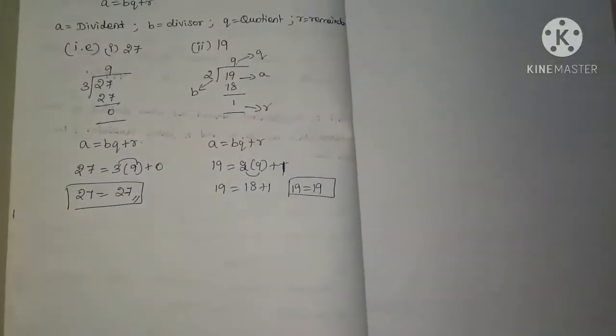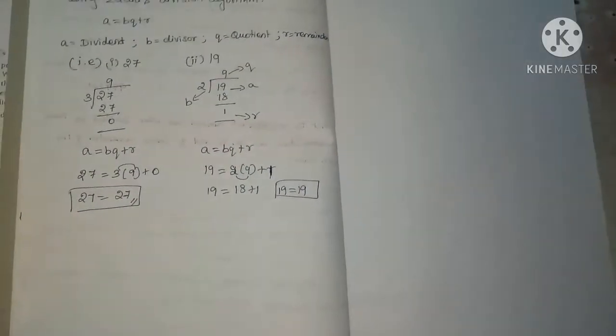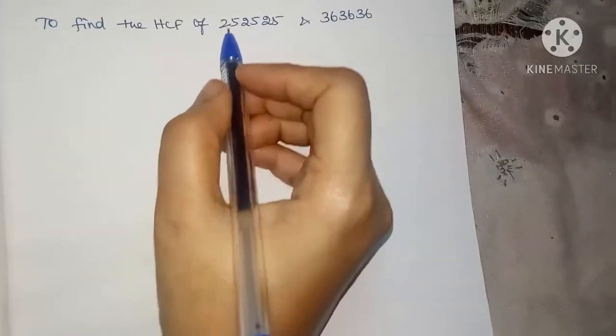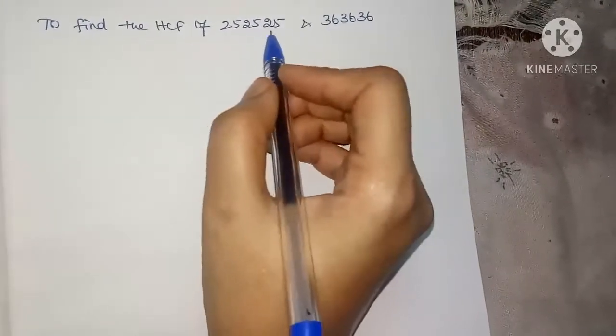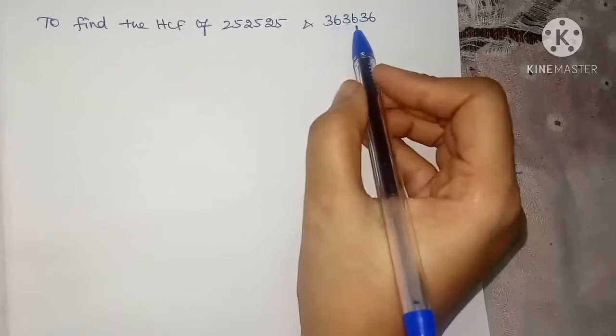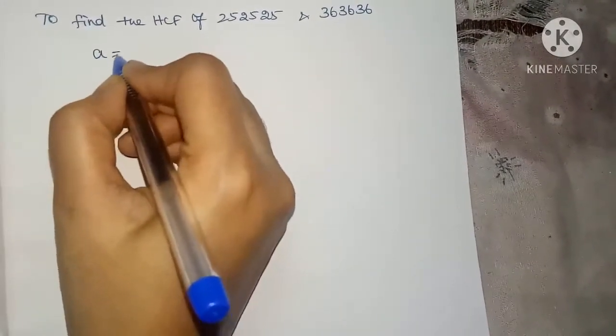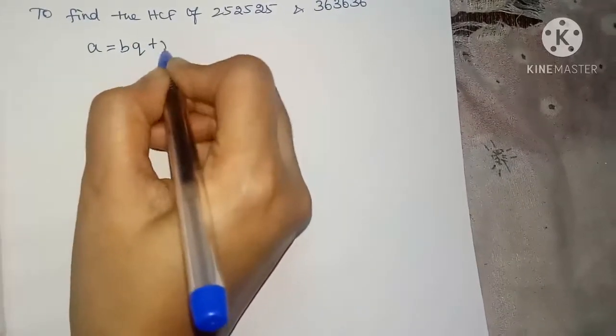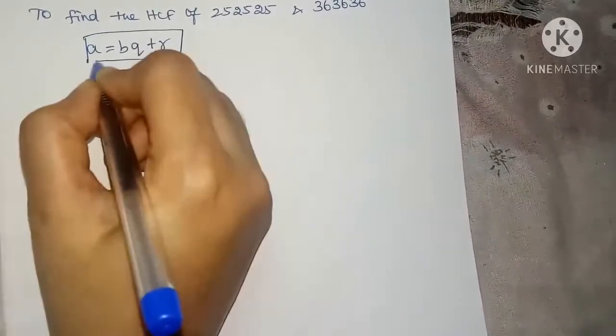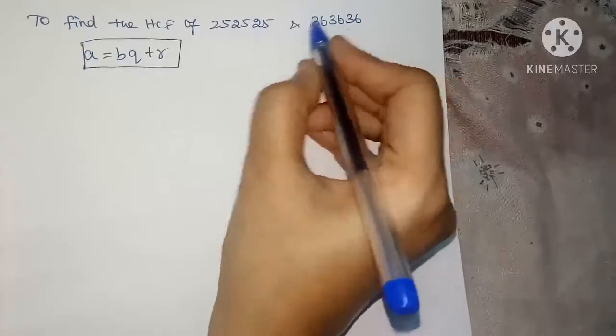Let us apply this formula in our question number 3 to find the HCF of 252525 and 363636. Euclid's division algorithm, a is equal to bq plus r. So first, what is your a?